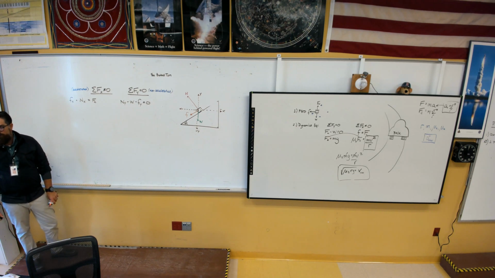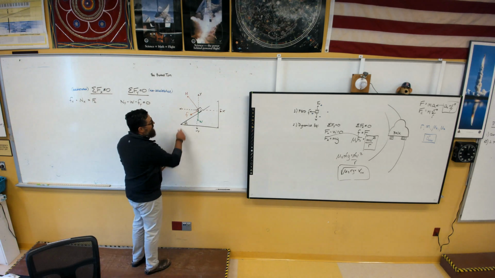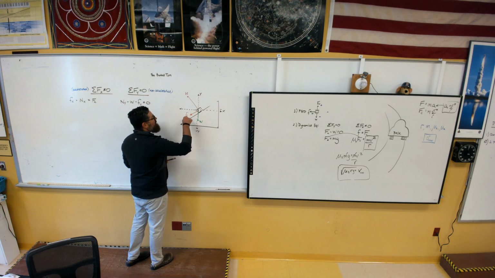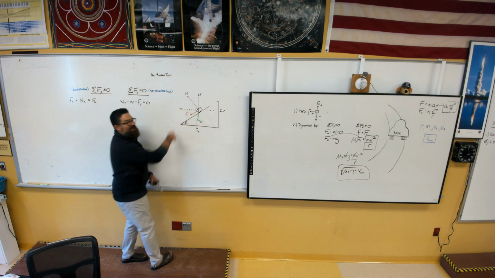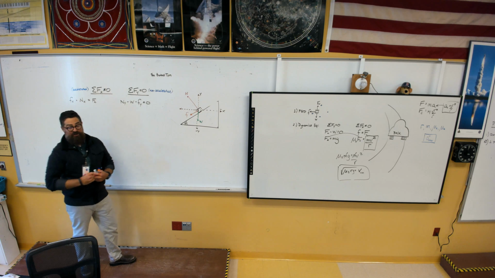Okay, here's where it gets interesting. If this angle is theta right here, what can I say about the angle that the frictional force makes with the x-axis? Theta or not theta? Okay, this is also theta. These are alternate interior angles.